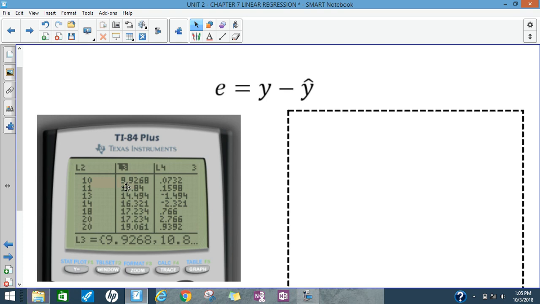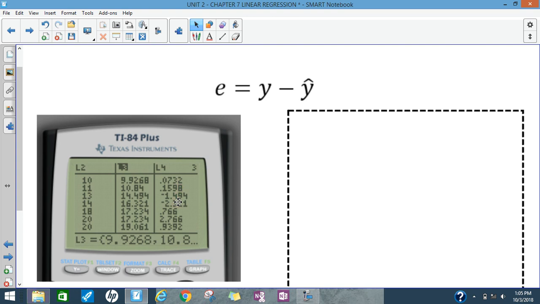This equation would predict they made $9,926.80, giving us a positive residual. The actual number of sales, 10, was above the predicted value of 9.9268. This L4 was created by simply subtracting L2 minus L3, and these decimals, some positive, some negative, are all the residuals.